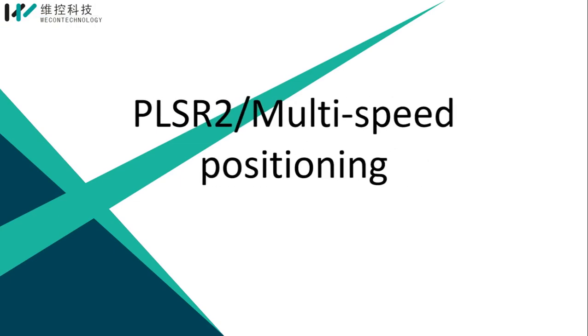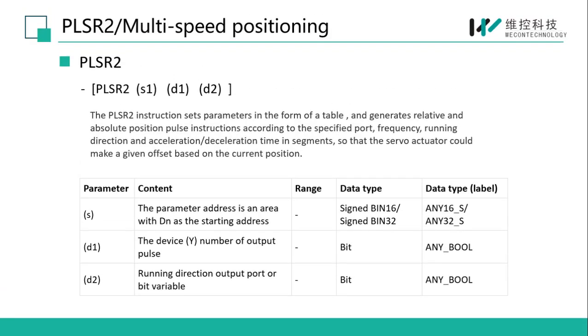The last instruction is PLSR, the multi-speed positioning. You can use this instruction to output a multi-segment pulse path. It has 3 parameters. The first parameter is the starting address of the D registers, the second is the output terminal, and the third is the direction output port.